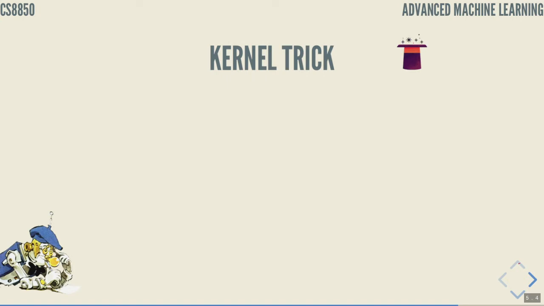So this is an interesting and maybe tedious process, right? We need to find a mapping, and appropriate mappings are hard to construct. What do we do in this case?